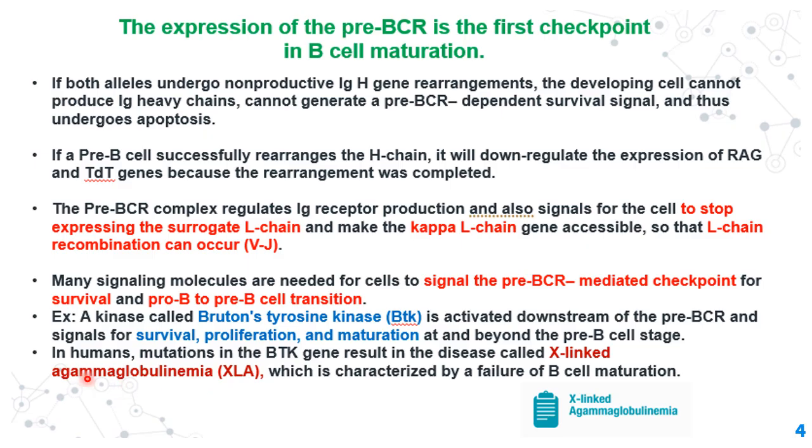That means they do not have gamma globulins. The prefix A means missing something. So here it is telling you that you don't really have antibodies, or you don't have the B cells to fight whatever the B cells fight, right?